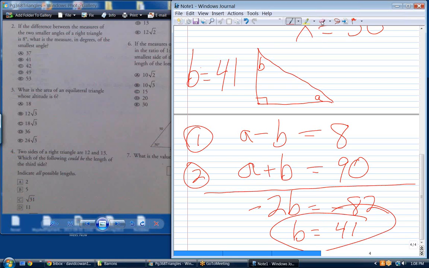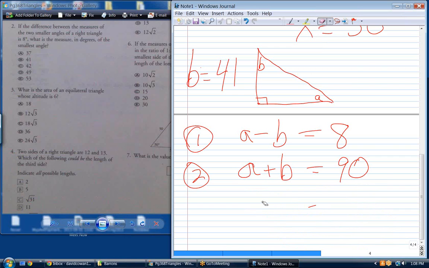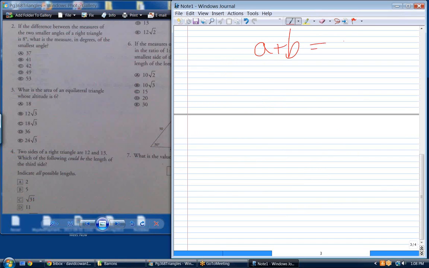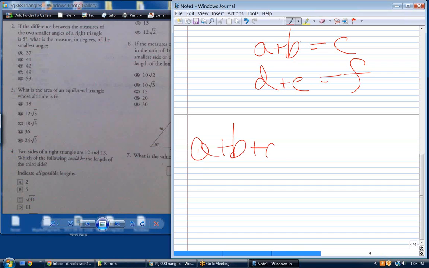But that's just a subtle point. You want to make sure you know that you can add or subtract equations. Notice that if I have a plus b equals c, and I have d plus e equals f, I can subtract this equation from that, or I can add this equation to that, so that a plus b plus d plus e equals c plus f.